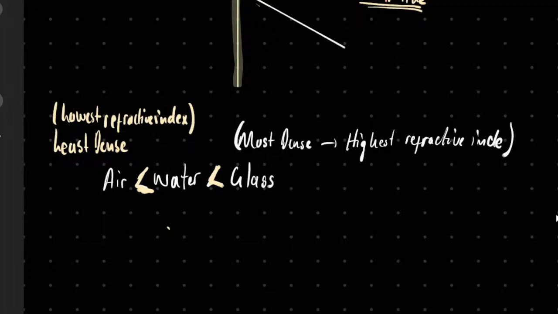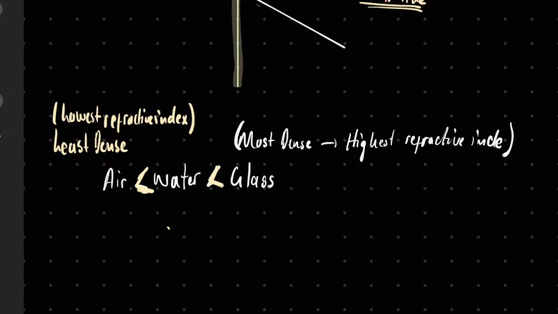We have air, we have water, we have glass. Who is the most dense of the three? Students, between air, water, and glass, who is the most dense? It's glass, followed by water.